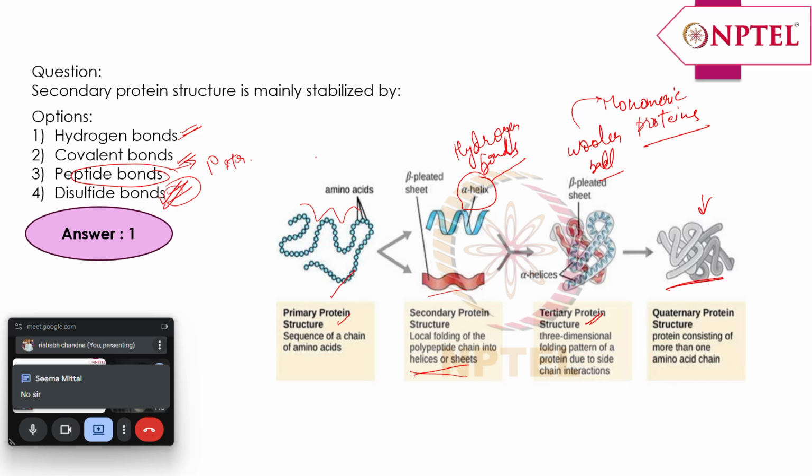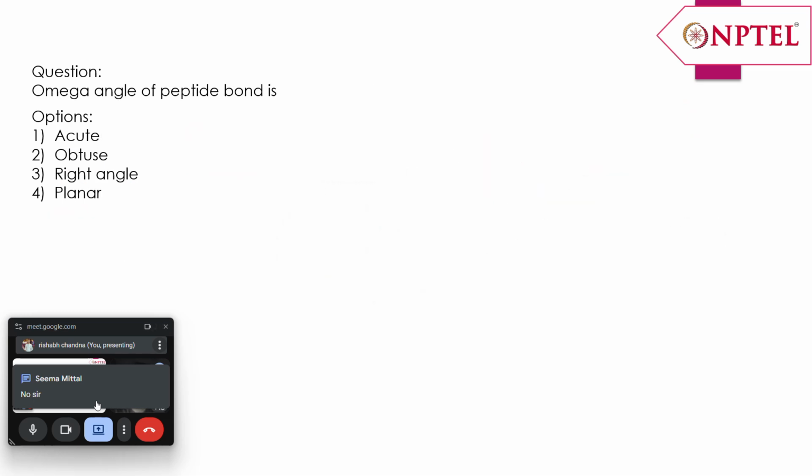Okay, so let's move on to the next question. The omega angle of the peptide bond is acute, obtuse, right angle, or planar in nature. So what can be the correct answer?